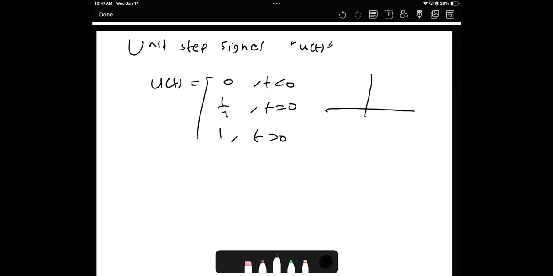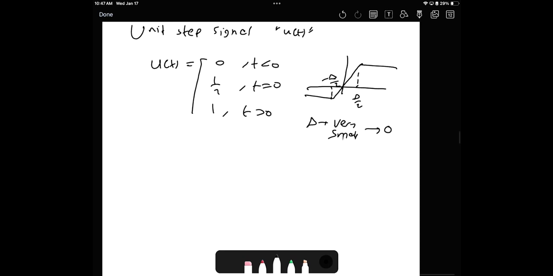So the waveform is like this. Here we have delta over 2, and negative delta over 2. But actually, delta is very small, and it will be close to 0. So as a result, we will not plot u of t like this. We will plot u of t like this.